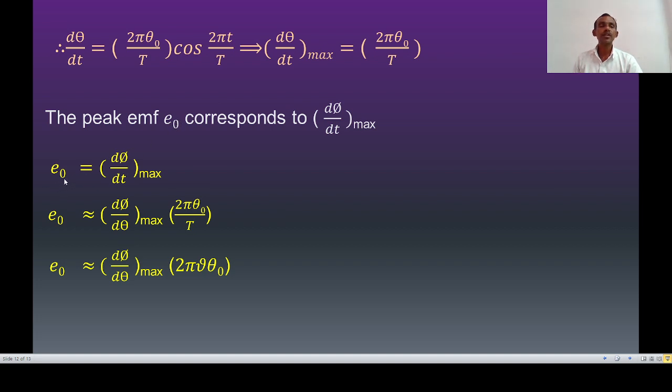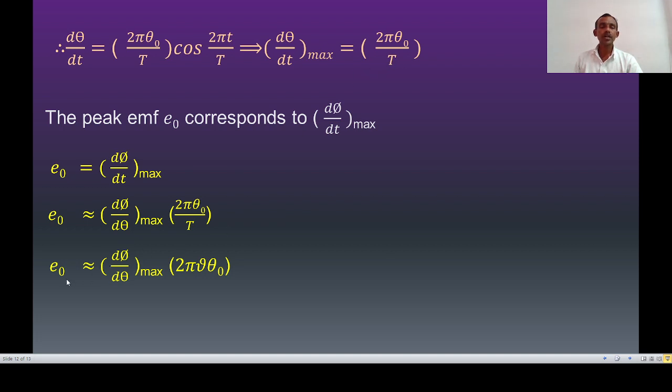Therefore we can write E0 is equal to d phi by dt max, and d phi by dt max depends on the maximum value of d phi by d theta and the maximum value of d theta by dt. Therefore E0 is approximately equal to d phi by d theta max into 2 pi theta 0 divided by T.